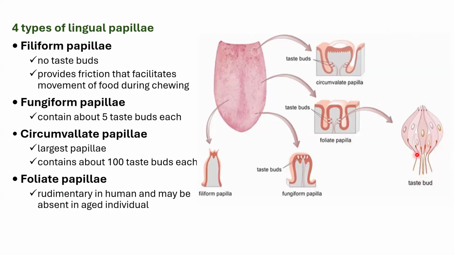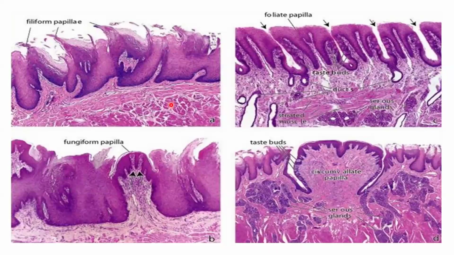So in our next slide, we're going to see the cell types. Or we are first of all going to appreciate the histological presentation of these lingual papillae. As you can appreciate here, this is a filiform papilla, which doesn't have taste buds. Then you can appreciate the fungiform papilla with the taste buds being present.